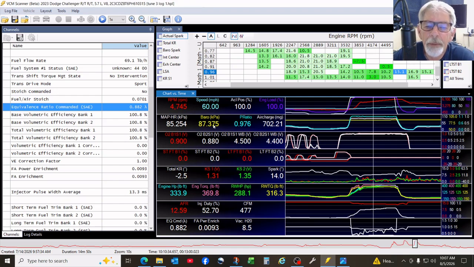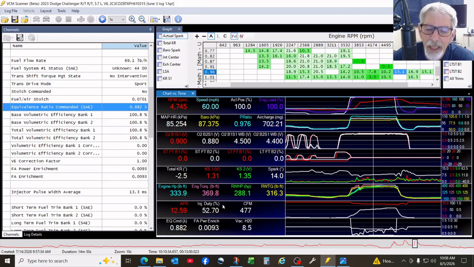My barometric pressure is 87.375, and my manifold absolute pressure is 85.254. I am at 100.8% volumetric efficiency. So at this point, this engine is running optimally as long as I don't change the RPM. Of course, I'm at 100% throttle, so yeah, it's going to change.